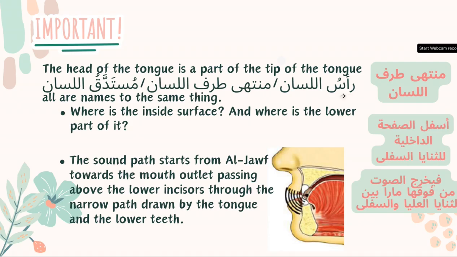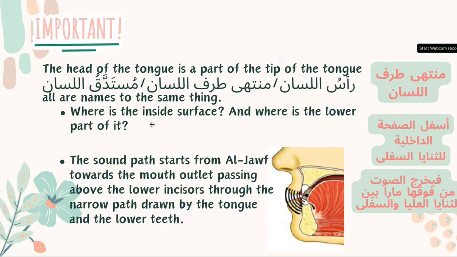So رأس or muntaha, meaning the very end, and ra's means just the point in the tip of the tongue. Mustadaq is also the very small point in the front part of the tongue.